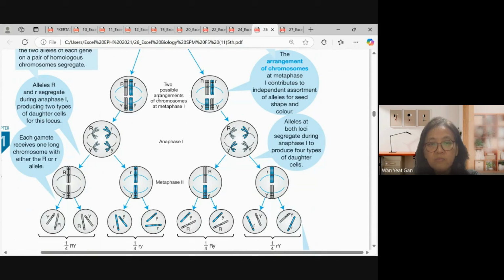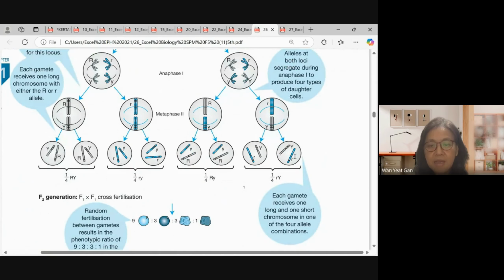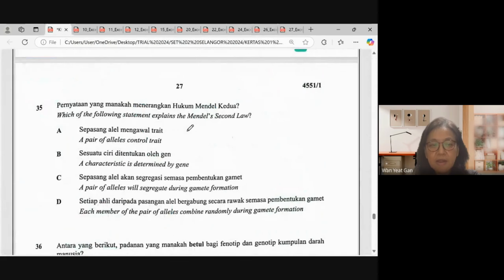So there are two possible arrangements of chromosomes during metaphase 1, and how they arrange will result in the different types of gamete that will be formed. So that is Mendel's second law. So the answer is D. Each member of the pair of alleles will combine randomly during gamete formation.